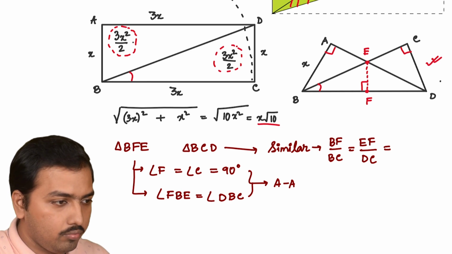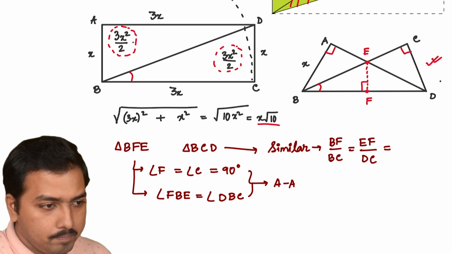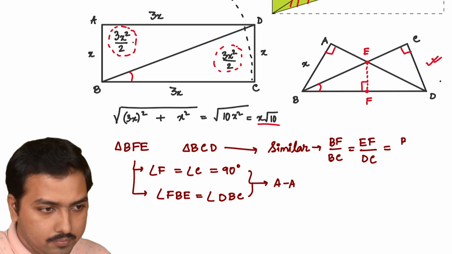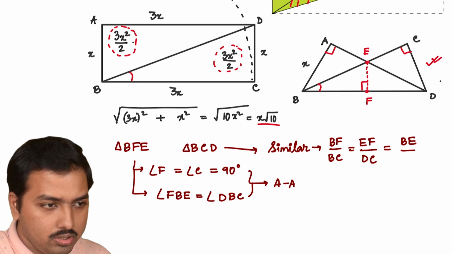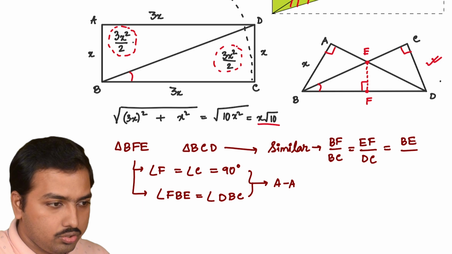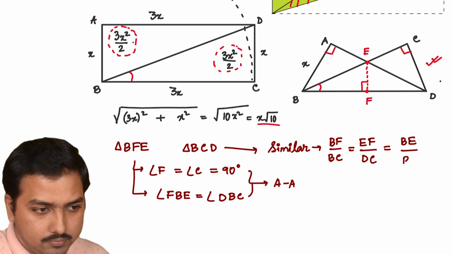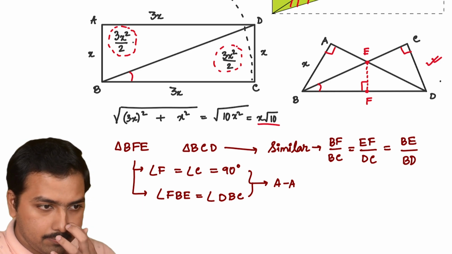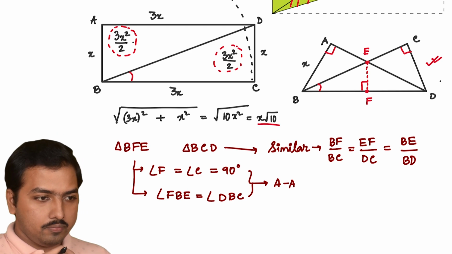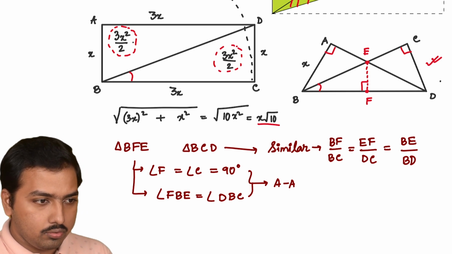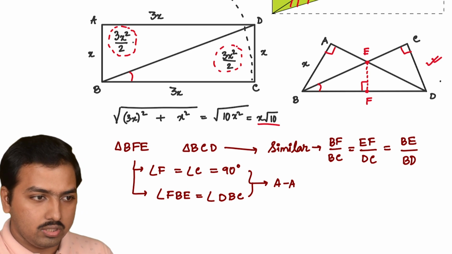And the third side, BE, will correspond here to BD. So from this onwards we will try to figure out the known things.